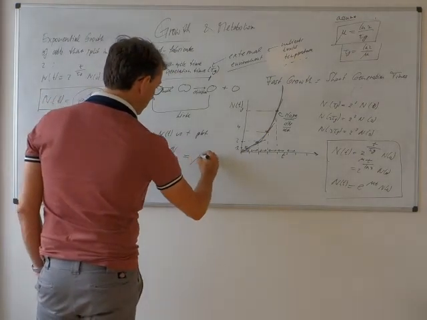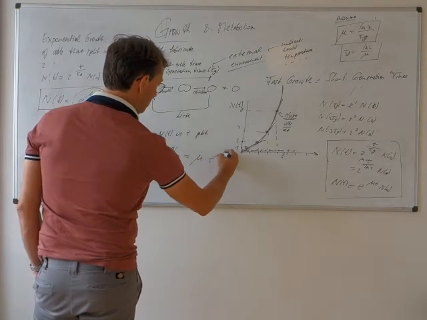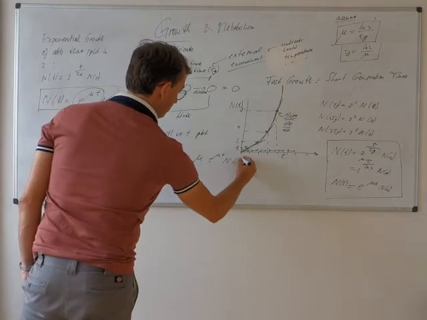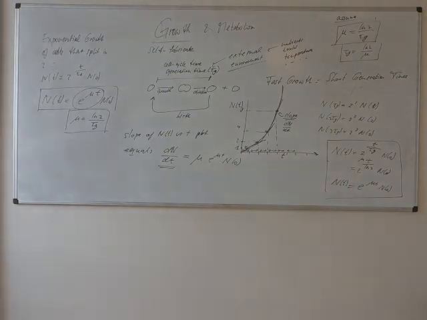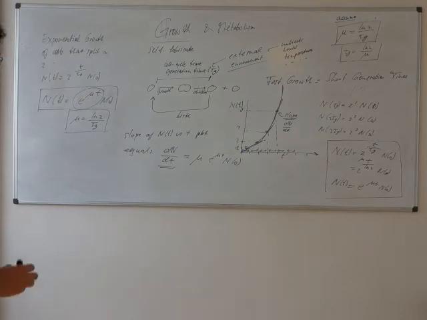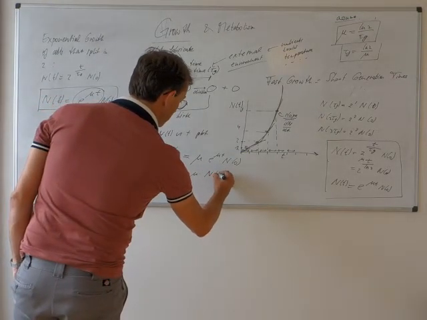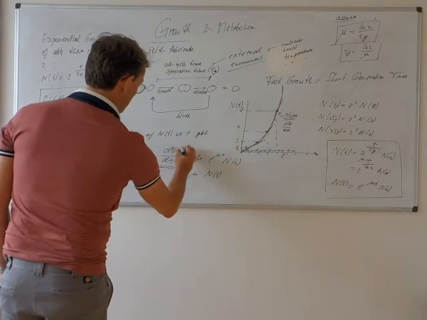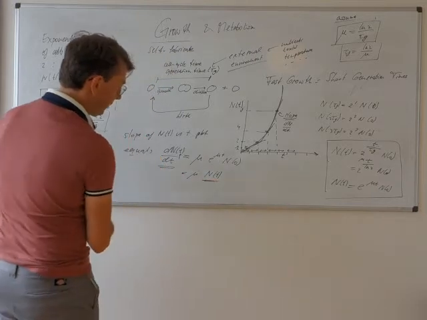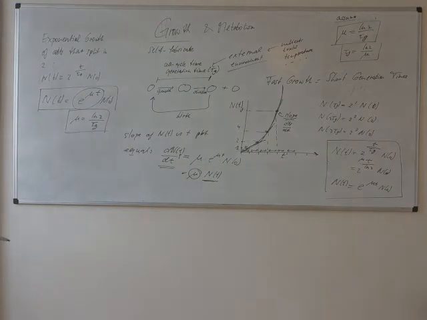Well, it turns out that this is mu times e to the power mu t times n0. So if you take the derivative of this thing with respect to time, then you find this. So this equals mu times nt. So the slope at time t equals the number of cells that we have at time t and this growth rate.